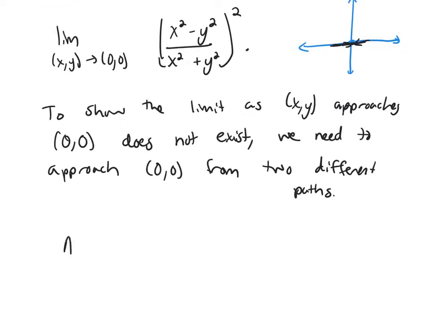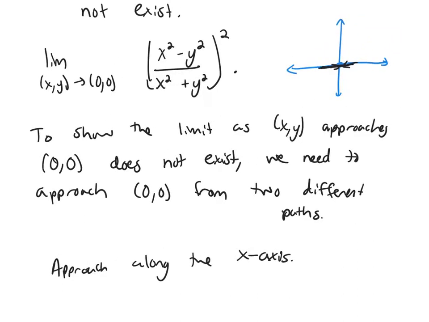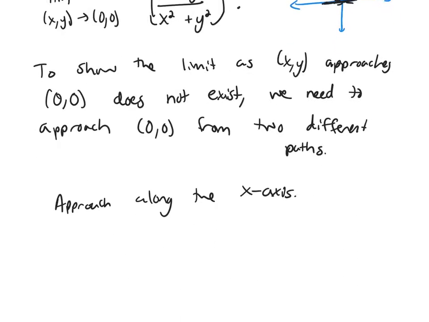So we're going to approach along the x-axis. If we look at all the points on the x-axis, their y-coordinates are 0. So the points have the form (x, 0). Every point on the x-axis has that form.